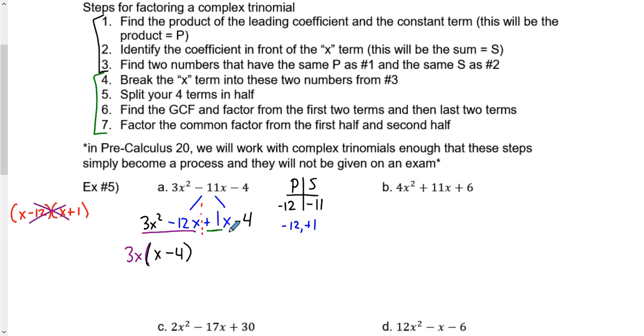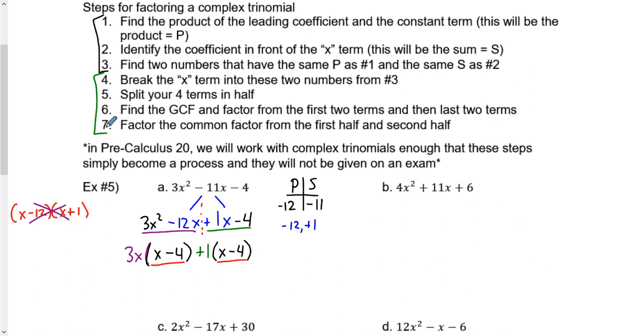From these 2 terms, there's nothing really common. But what I can still do is factor out a positive 1, which means I'm left with x subtract 4. This is what you need. You need this to be the exact same as this.